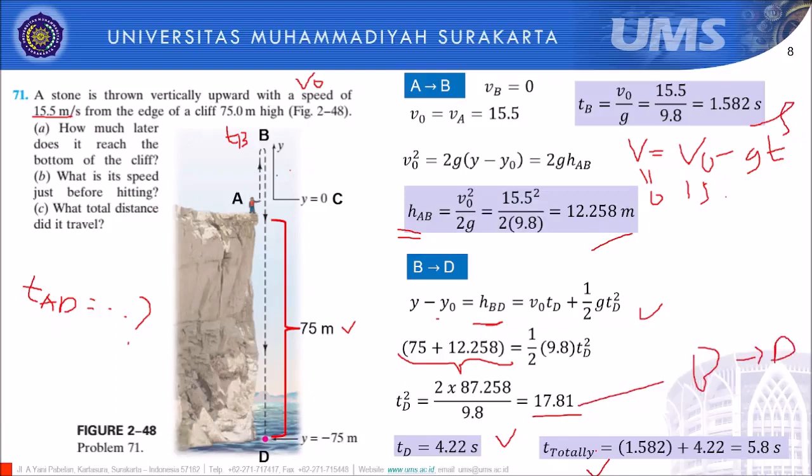For the total time, you need to calculate as well the time A to B, 1.58. This is the value. So totally, you just add 1.58 plus 4.22, equal to 5.8 seconds.